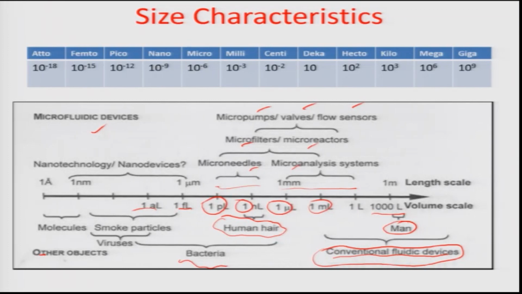All the micron devices kind of end here, and then to the further left you have devices where one or more dimensions are in the nanometric length scale, which means this is the sub-micron domain, and you have volumes of the order of femtoliters or autoliters, where you are talking about objects like molecules, smoke particles, viruses.